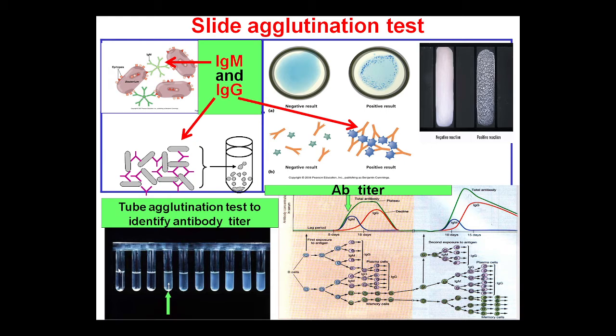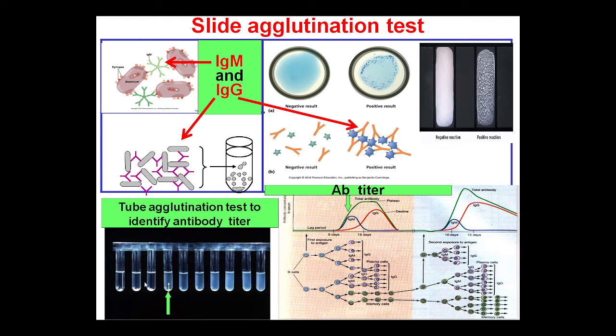You see a series of test tubes. From left to right, these tubes contain serial dilutions of the serum. The highest concentration of the serum is in the left tube and the lowest in the right.